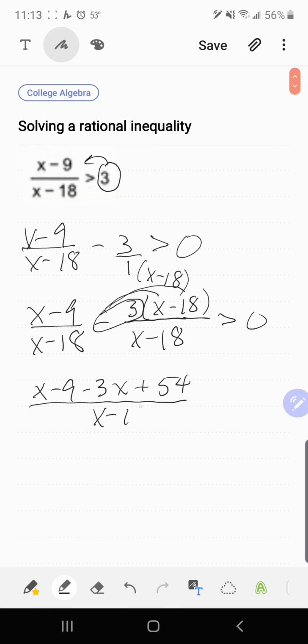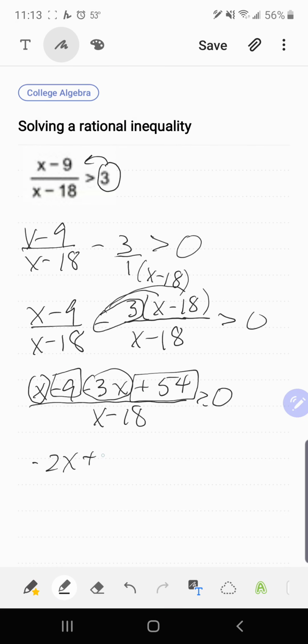All over the common denominator greater than 0. And then we can combine like terms. So we have x minus 3x, which is minus 2x. We have negative 9 plus 54, which is plus 45, all over x minus 18 greater than 0.